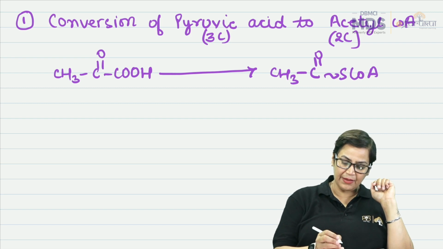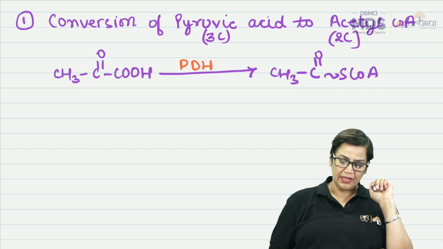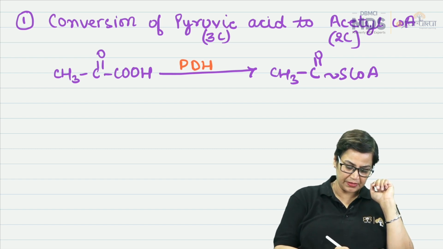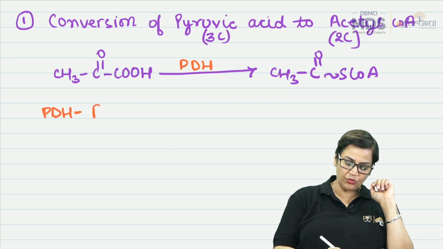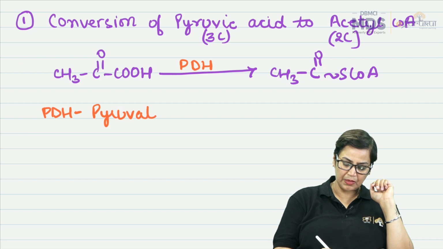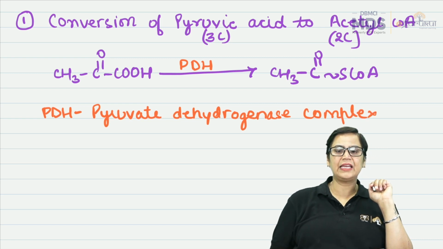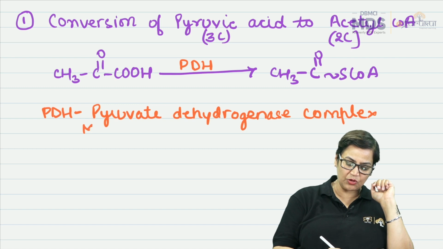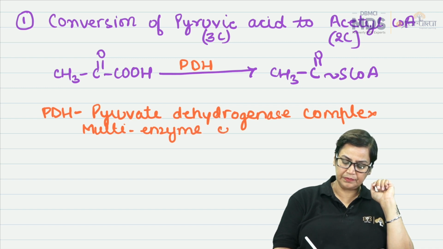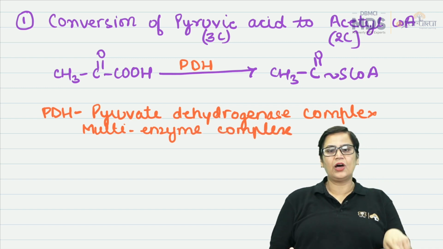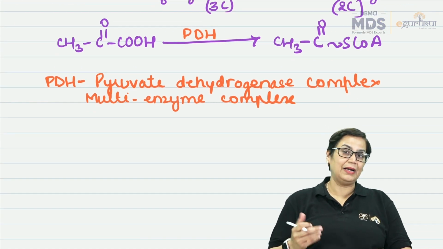The name of the enzyme here is PDH. This PDH stands for pyruvate dehydrogenase complex, and this is an example of a multi-enzyme complex. Now, why is it known as a multi-enzyme complex?